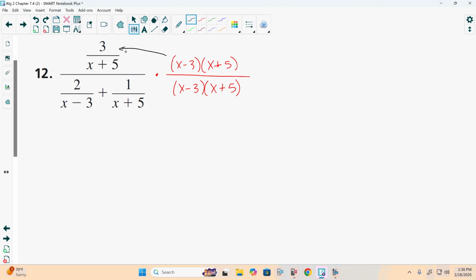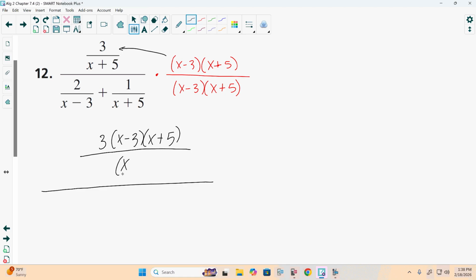Now we multiplied with the fraction on top. The x minus 3 times x plus 5 would be multiplied by the 3, giving us 3 times x minus 3 times x plus 5 on top over x plus 5.